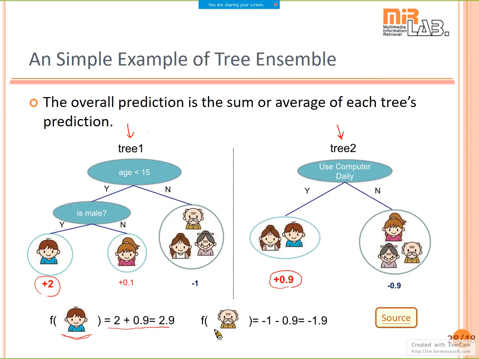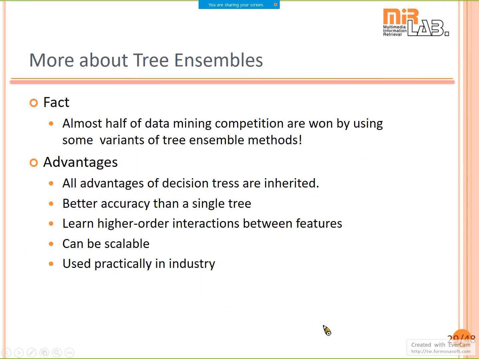On the other hand, if you send in, I think, a grandpa, then tree 1 gives -1 and tree 2 gives -0.9. Again, you add the output of each tree to get the final output. So this is an example of a tree ensemble. Then how do you derive a sequence of trees to reduce the error?